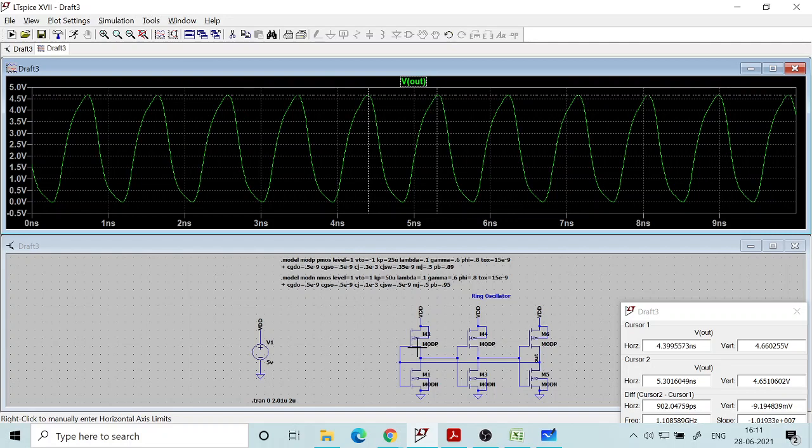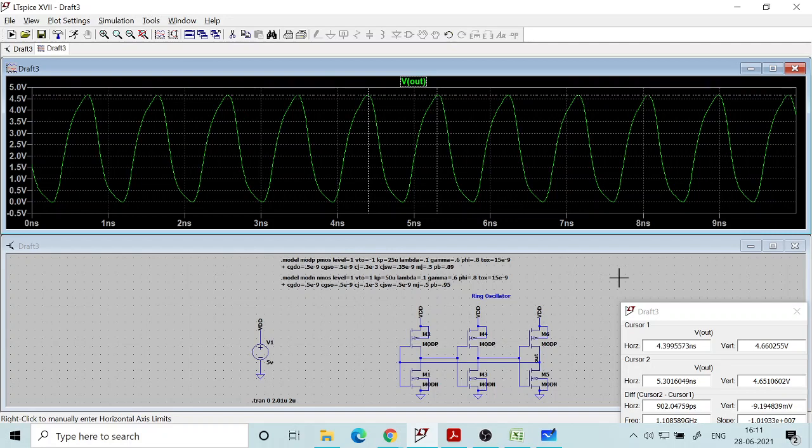From this you can find out what the propagation delay is. So by measuring the period of the ring oscillator and noting down that there are 3 stages of inverters, you can measure the propagation delay.